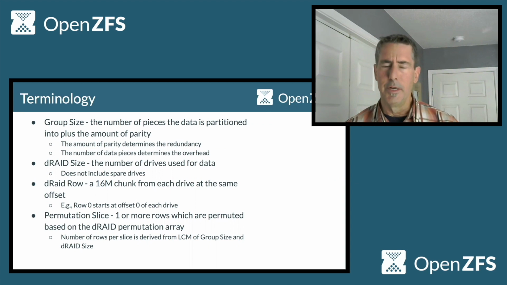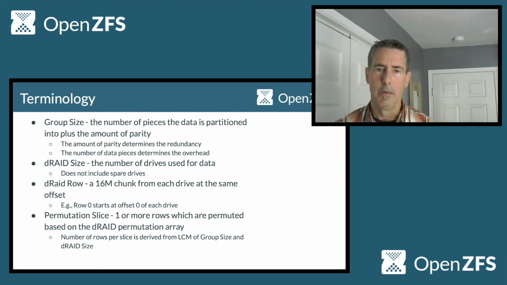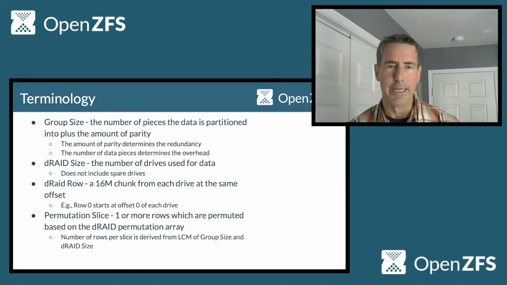So obviously the number of data columns defines how much overhead your redundancy is going to cost, and the amount of parity determines how much redundancy you have. dRAID size then is the number of drives that are actually used for storing data within a dRAID configuration. It does not include the spare drives.